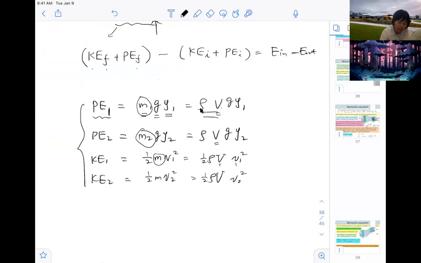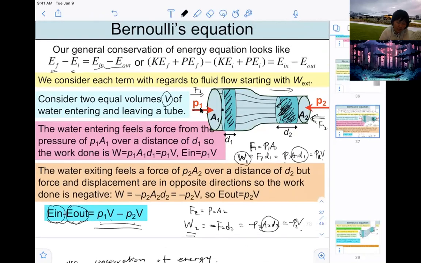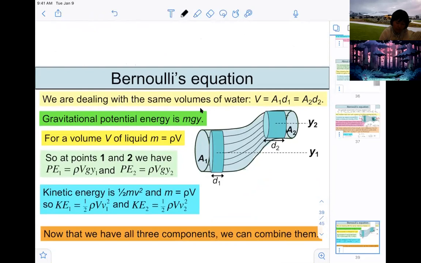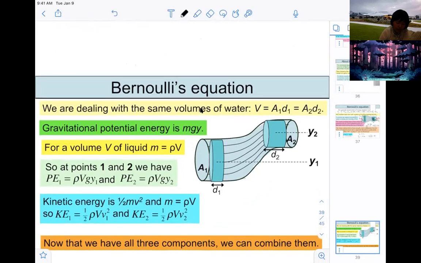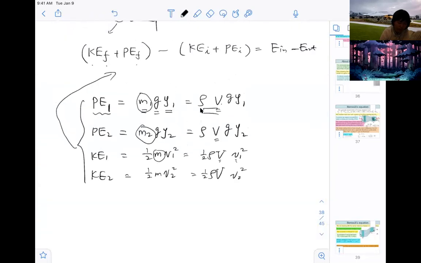So let's put all of these back in here. So we'll have kinetic energy plus potential energy final, minus kinetic energy plus potential energy initial, equals E in and E out.